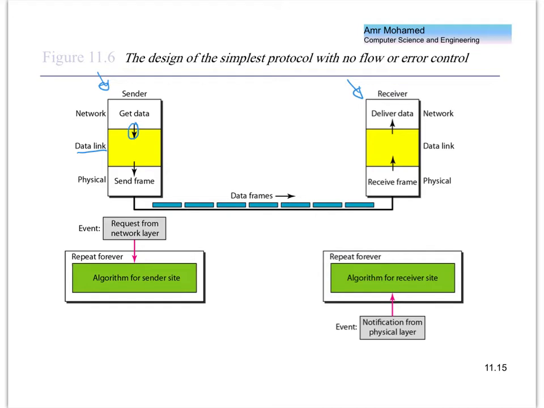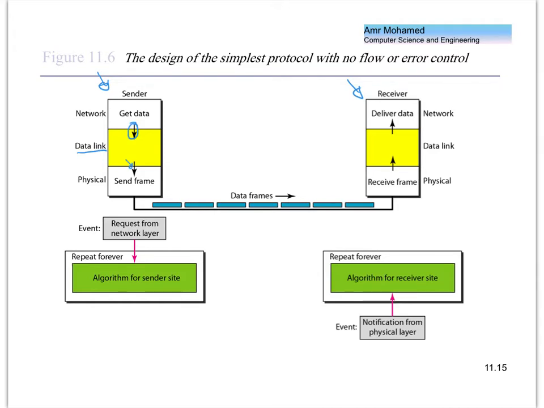So we have to look for an event from the network layer telling us that here is a packet that you need to send, in which case, in the data link control, we need to make the frame by adding the header and the trailer and so on and so forth. And we can then send that frame across the physical layer.